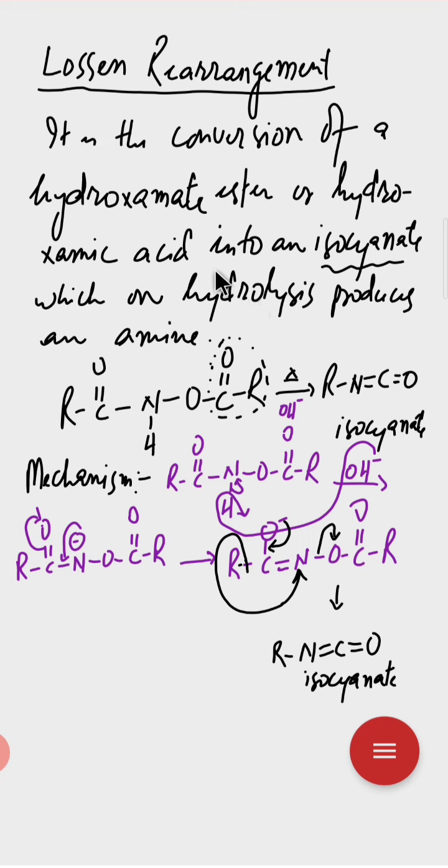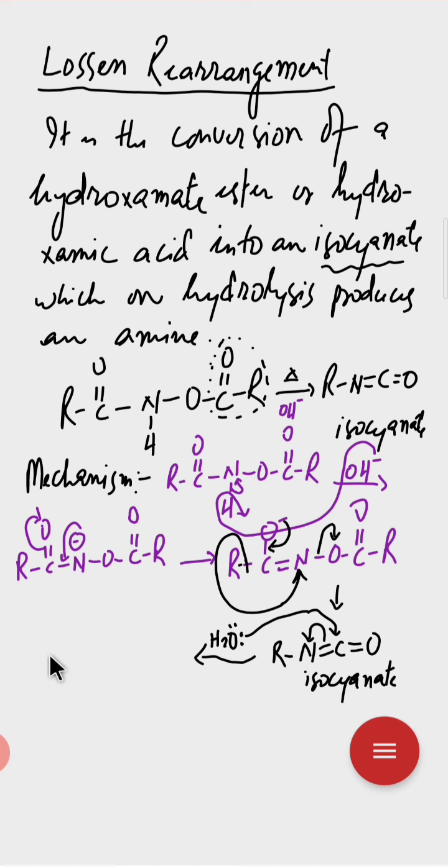Now this is our isocyanate, and if this is reacted with water, meaning hydrolysis is done, then oxygen has a lone pair of electrons, and this gives its electron to whom? To this carbon, and this pi bond is broken like this.